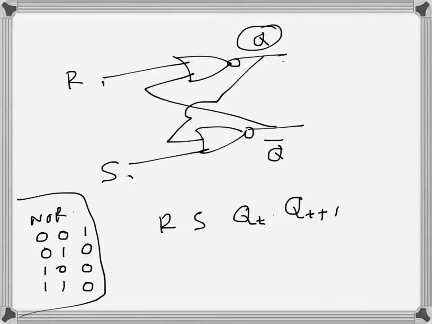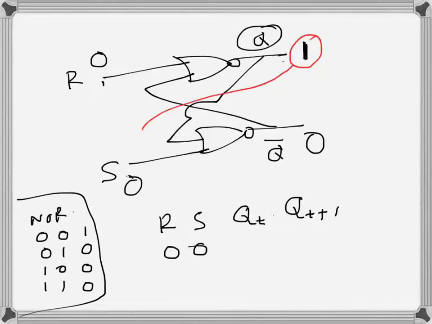So let's start with 0 0, both are 0 here, and let's say arbitrarily Q was 1 here, and Q bar was 0 here. So now this one is coming here, 1, so 1 and 0 is the input of this NOR gate.